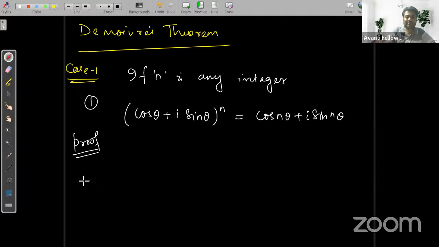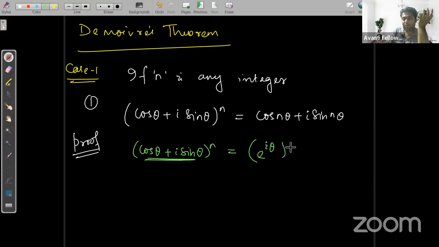So proof is, if you take the left hand side, that is (cos θ + i sin θ)^n, then this inner expression can be expressed as (e^(iθ))^n.